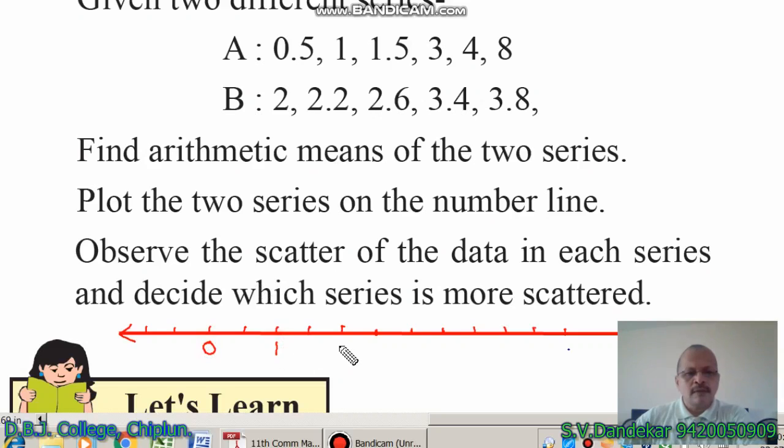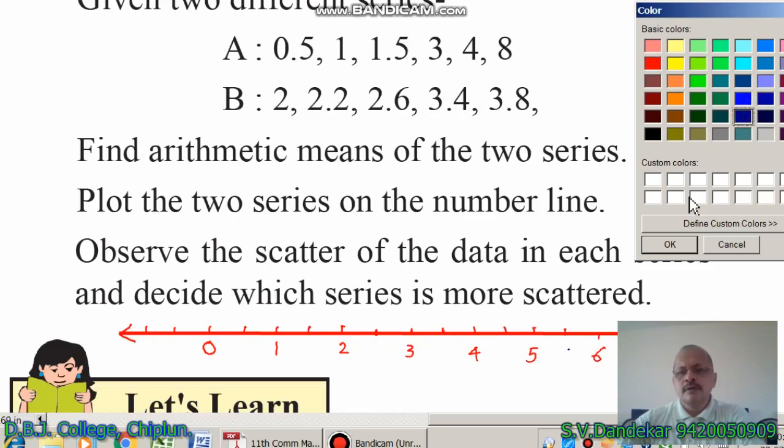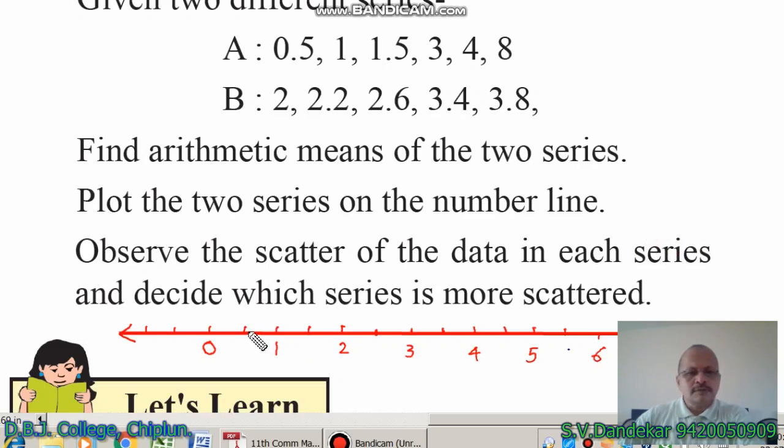Then 1, 2, 3, 4, 5, somewhere 6, 7 and 8 onwards. Now I will plot the first series with blue color. 0.5 is the first value, second value 1, third value 1.5, next value is 3, next value is 4, and next value is 8, somewhere over here behind me.